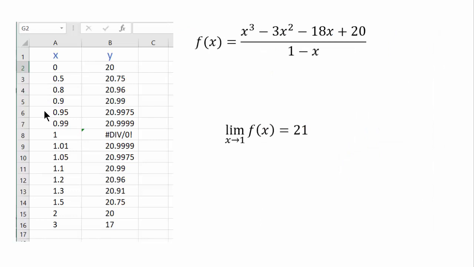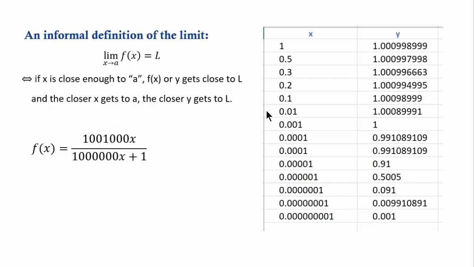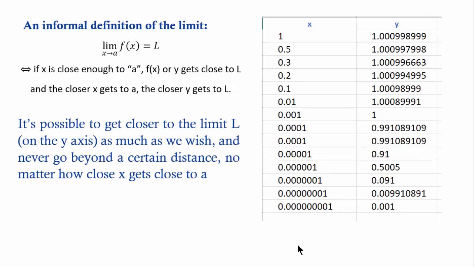As you see in the first example, we got no more than 0.01 from A, and it was pretty enough for y to be enclosed in a very little interval around the limit L. While in the second example, even 0.001 from A, which is 0, wasn't enough. So we've got to add a condition to the informal definition, which is it's possible to get closer to the limit L on the y-axis as much as we wish and never go beyond certain distance, no matter how close x gets to A.